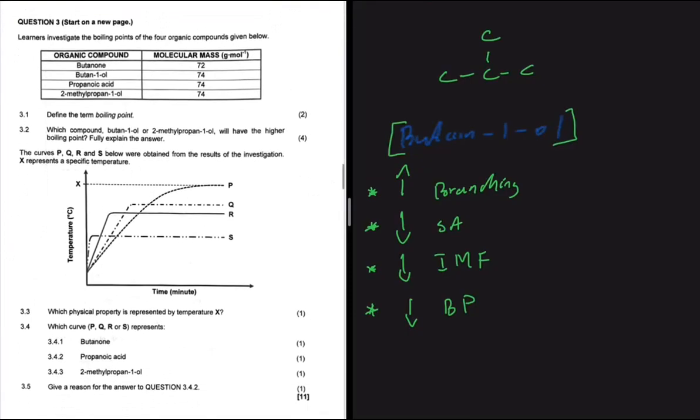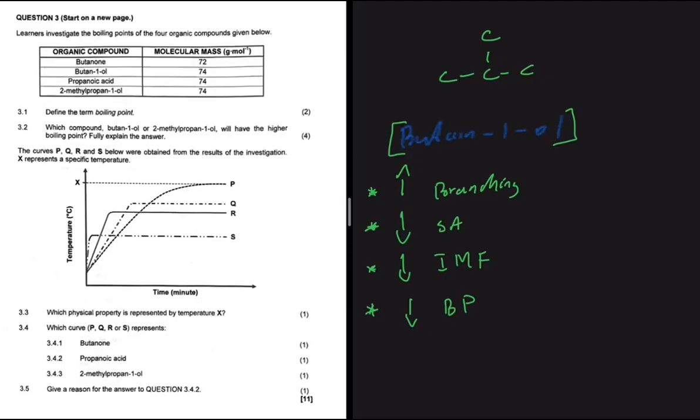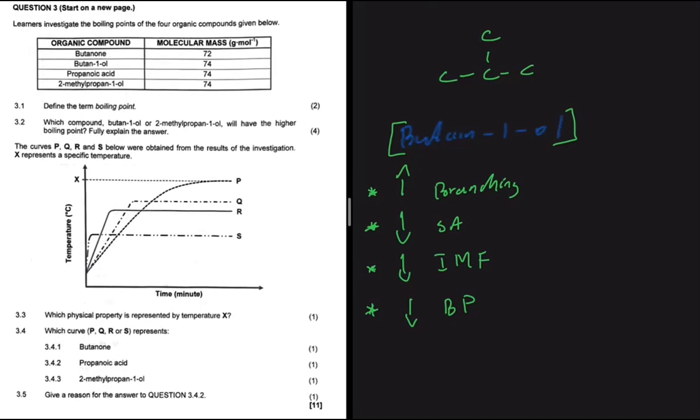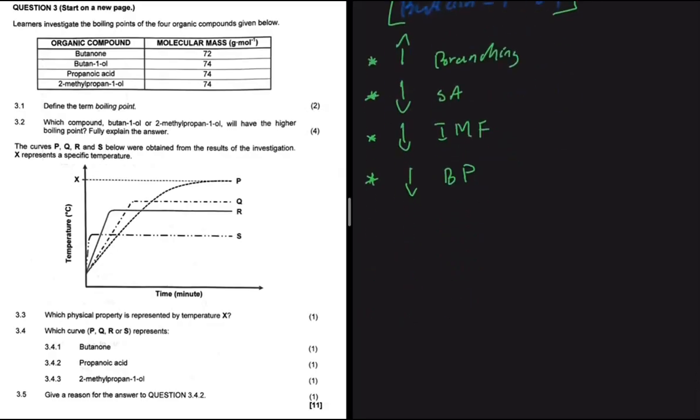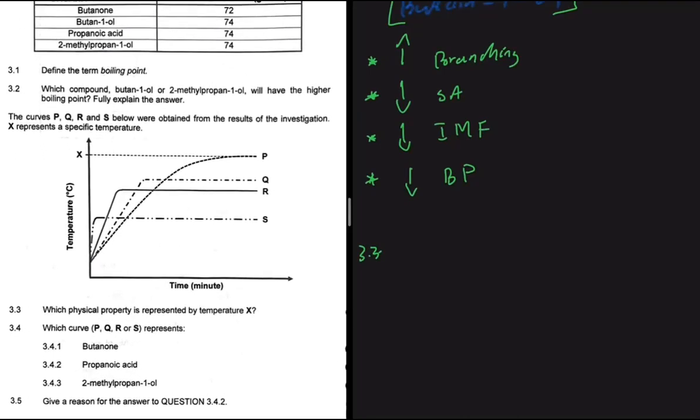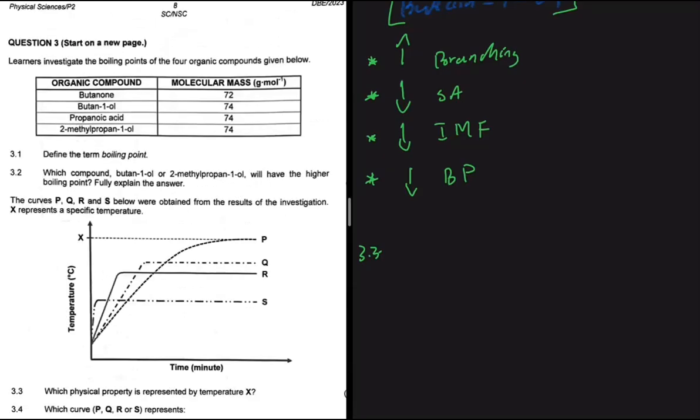So we are told that the curves P, Q, R, and S below were obtained from the result of the investigation. X represents a specific temperature, right? And then 3.3, the question is saying, which physical property is represented by temperature X? So let's look at our question one more time. What are we investigating? We're investigating the boiling points between these 4 organic compounds, right?